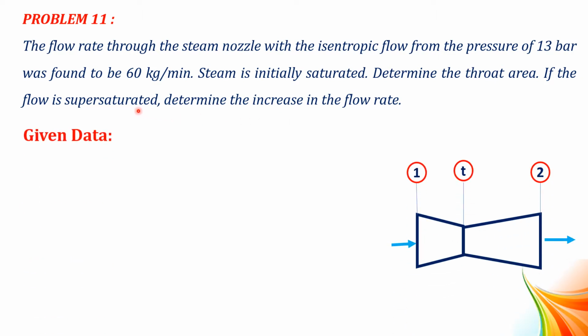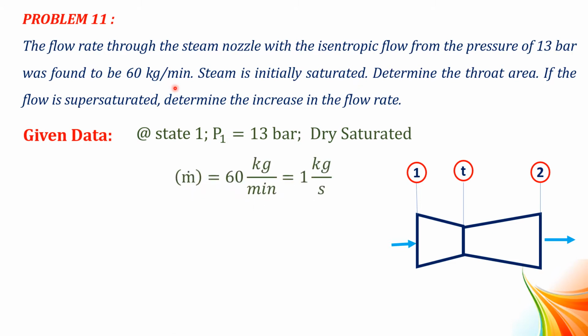Now we are going to write the given data. The flow rate through the steam nozzle with the isentropic flow from the pressure of 13 bar. So initial pressure P1 equal to 13 bar and the mass flow rate is 60 kg per minute. So m dot equal to 60 kg per minute equal to 1 kg per second.